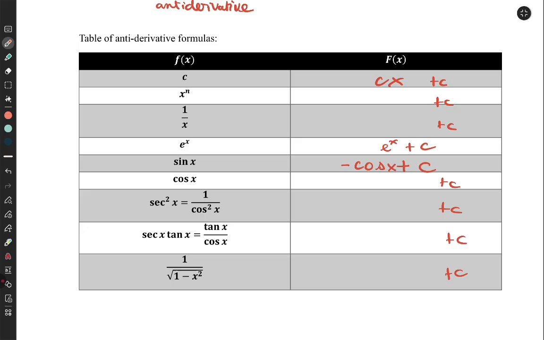If I change this to 3, this one will be what? 1/4 x to the fourth. Okay, I want to see the pattern. 1/3 x cubed plus c. 3, we will have 1/4 x to the fourth plus c. Okay, keep going. Now 5, that is 1/6.